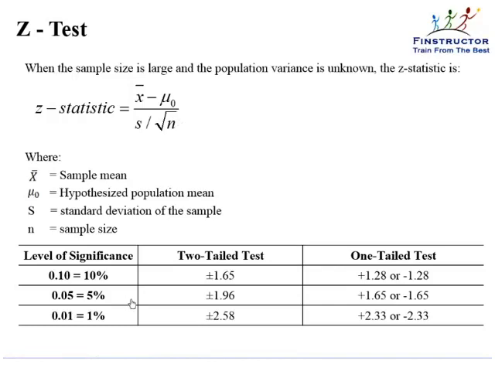Please remember, with a 90% confidence or a 10% level of significance, for a two-tailed test, the critical value is 1.645. For a one-tailed test, the critical value is 1.28. For a 95% level of significance, for a two-tailed test, the value is 1.96.